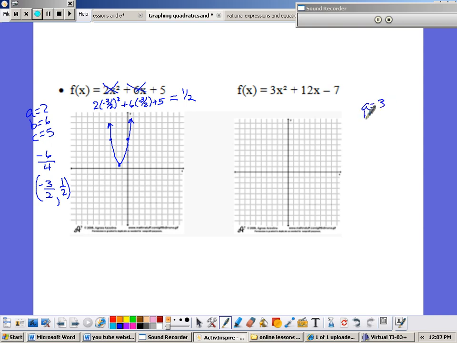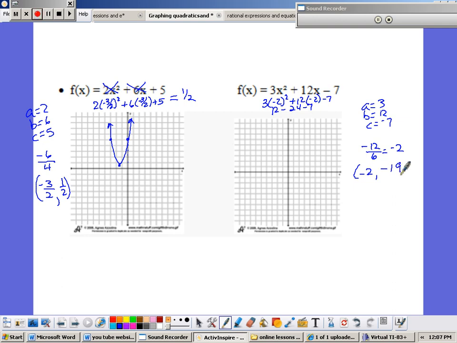a is 3, b is 12, c is negative 7. Negative b over 2 times 3 is 6, negative 2. Plug in a negative 2. 3 times negative 2 squared plus 12 times negative 2 minus 7. 12 minus 24 minus 7 is negative 19.